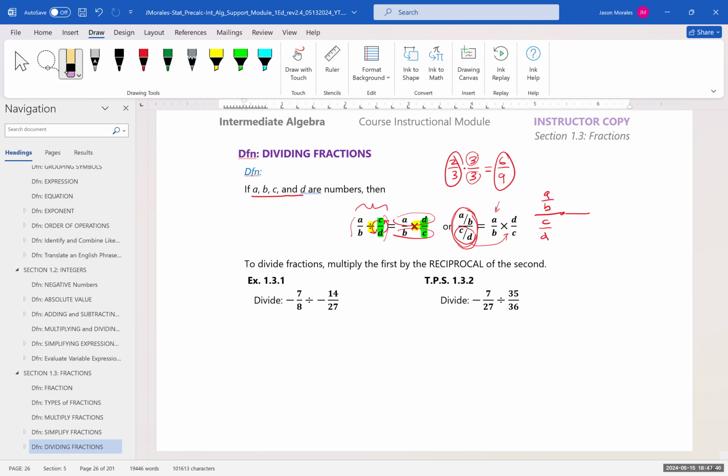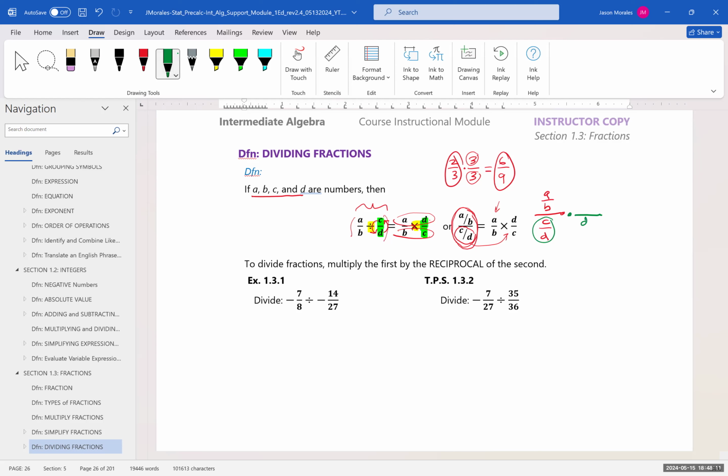Let me use a different color here to signify the difference. So we can multiply this original fraction by the reciprocal of the denominator.